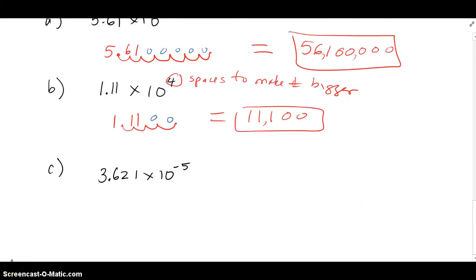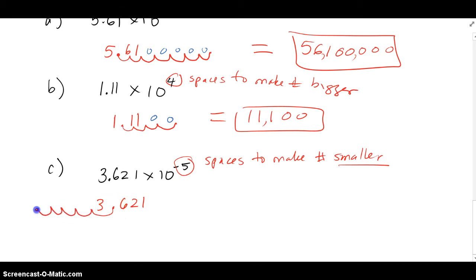Okay, this number in scientific notation, remember it's times a power of 10, and it's a negative number. So these are the spaces to make the number not bigger but smaller. Again, I'm dealing with a negative power of 10, which means I'm really dividing this guy by 10 to the power of 5. So I start with 3.621, and I need to make this number smaller because my power of 10 is negative, and I move 5 spaces, so I go 1, 2, 3, 4, 5.